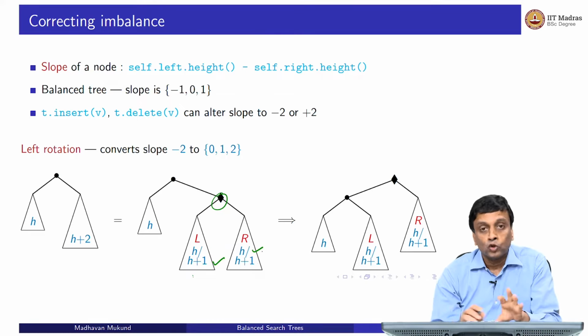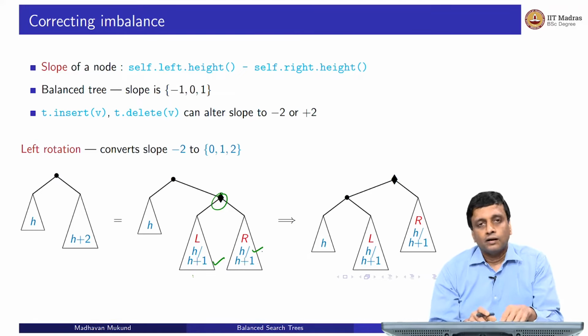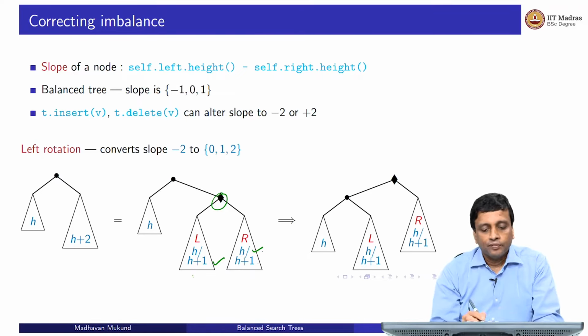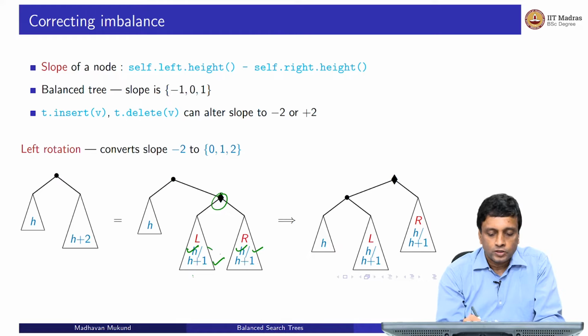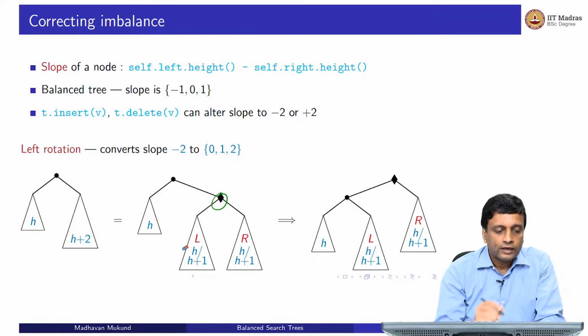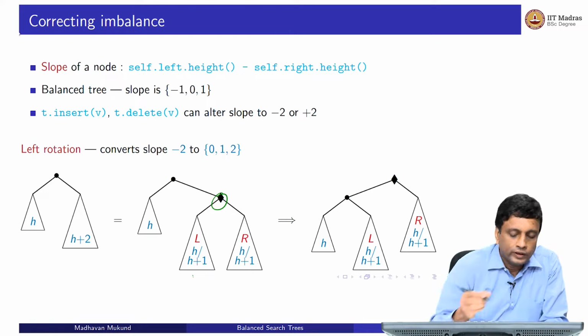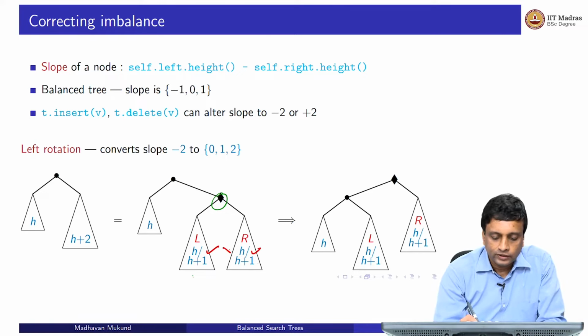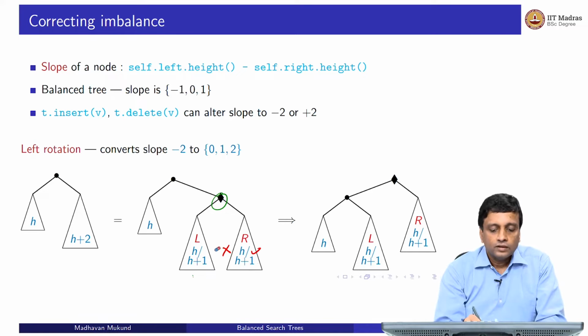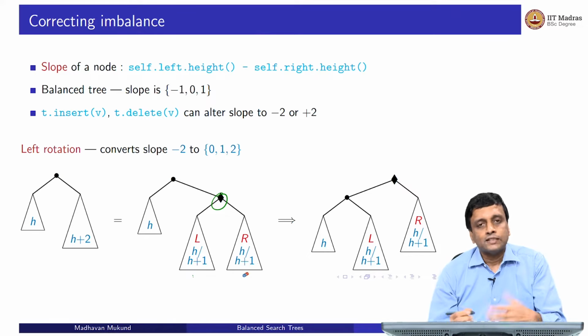It cannot be both h, but just for conciseness I have written it like this. I cannot have a situation where I have this and this, so that is not allowed.